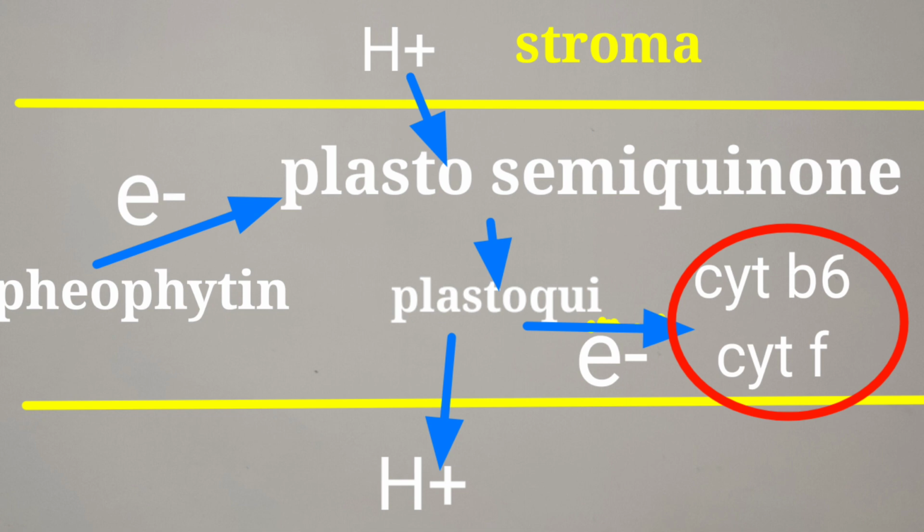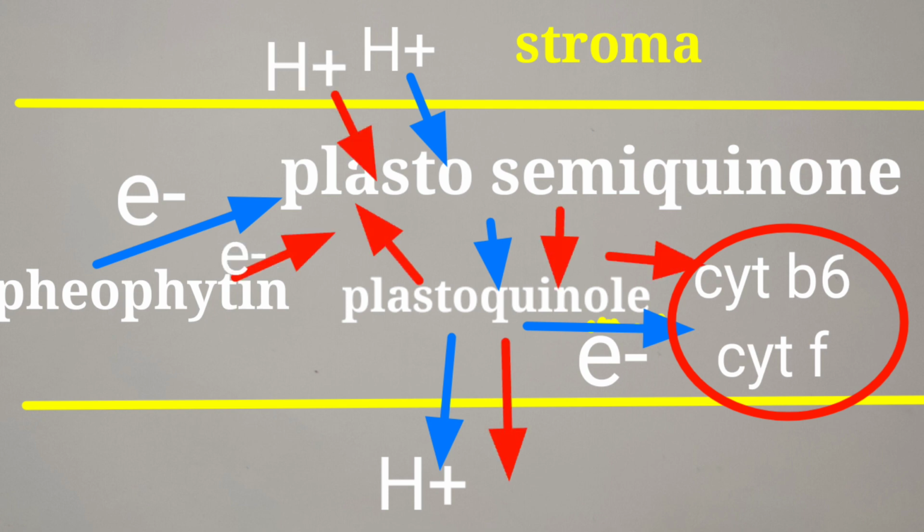Now the plastoquinol donates one proton into the lumen and one electron to the cytochrome B6F complex. When it donates one electron and one proton, it again becomes plastosemiquinone.